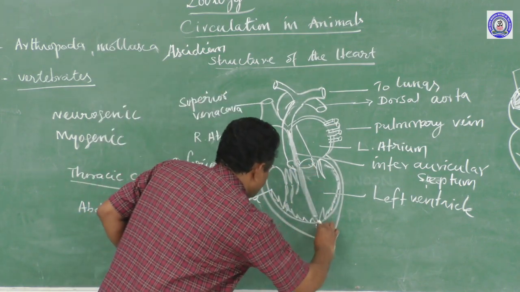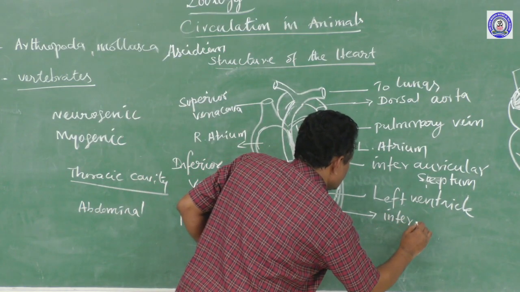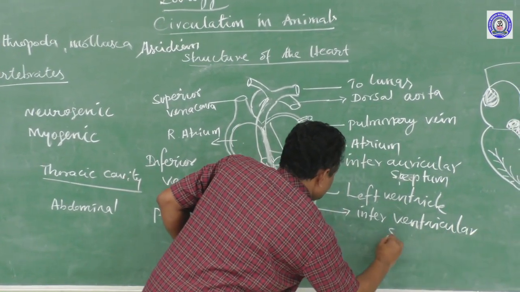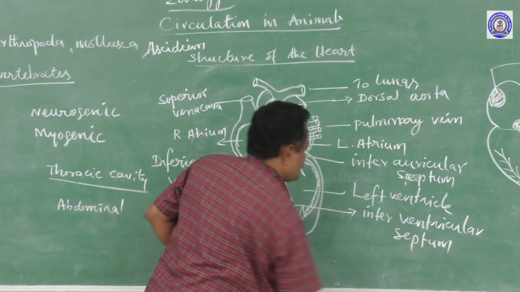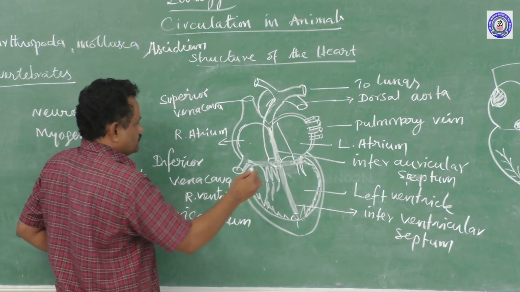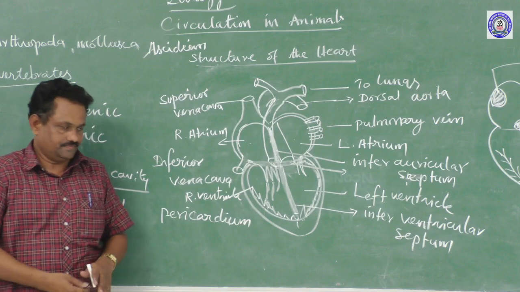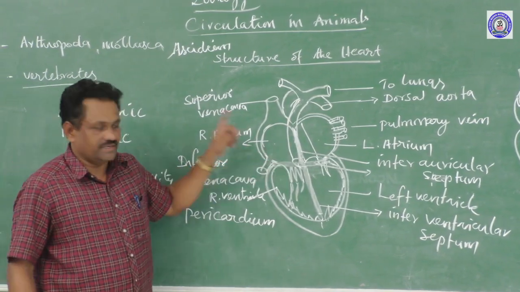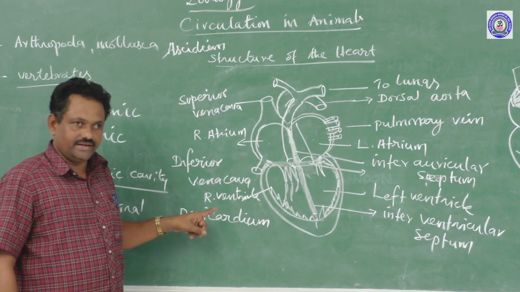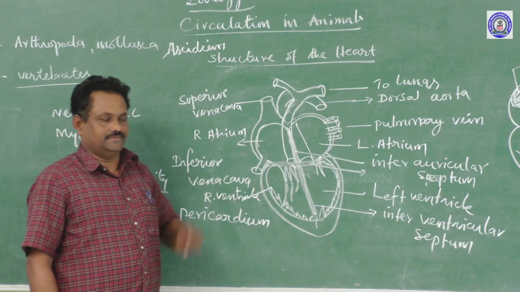The two ventricles are separated by the septum called the interventricular septum. And the auricles and ventricles are separated by the auriculoventricular septum. This arrangement is useful for preventing the mixing of deoxygenated and oxygenated blood.